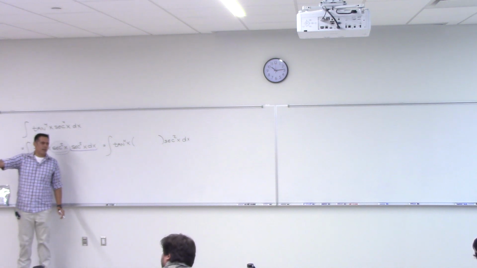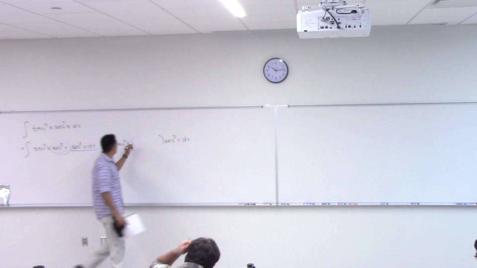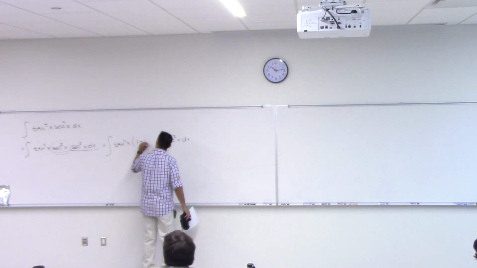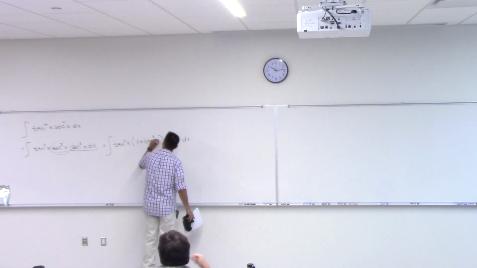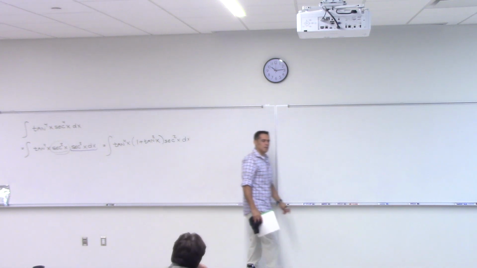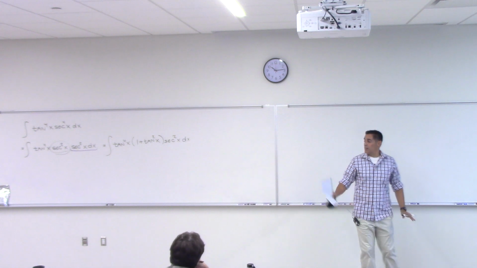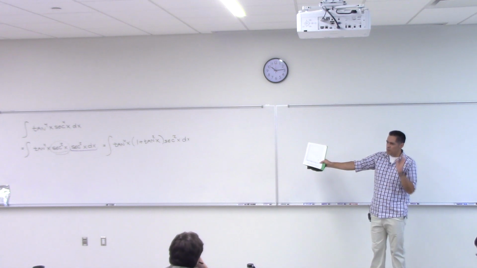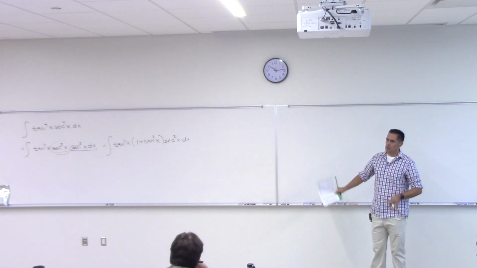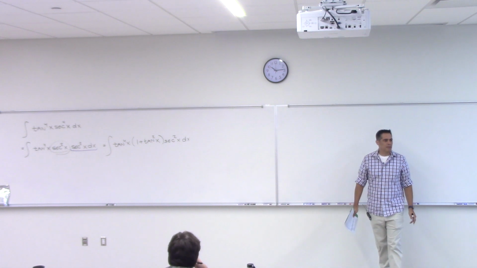Can you see the bottom line of that? 1 plus tangent squared x. Okay? Now everything's in terms of tangent except that secant squared x dx, which we know is the derivative of tangent. So we're going to make our basic u sub now.